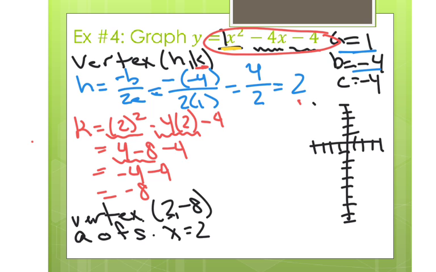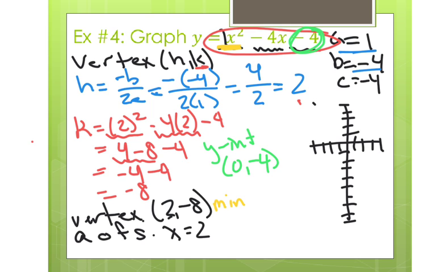Notice the number in front of our x squared is positive, so we're going to open up, which means our vertex is going to be a minimum. I'm also going to find my y-intercept before I graph. Our y-intercept, remember we talked about yesterday, is going to be 0, and then whatever your constant value is in your equation, which is negative 4.